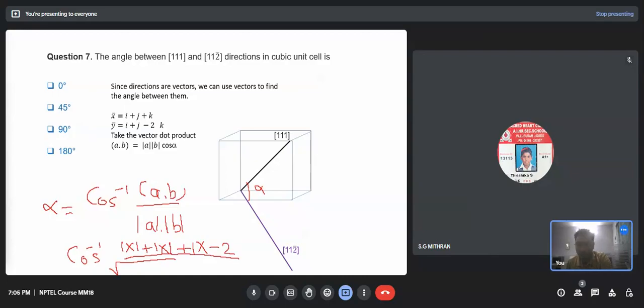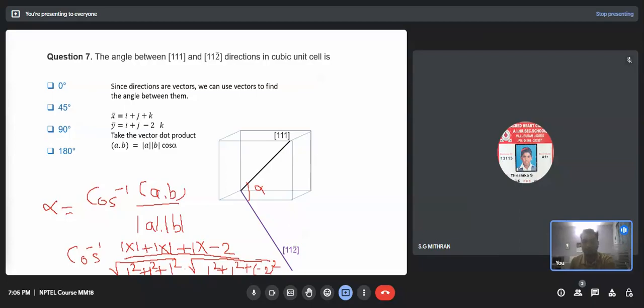Mod a is the root of 1 square for the i value, another 1 square from the j value, and minus 2 square.